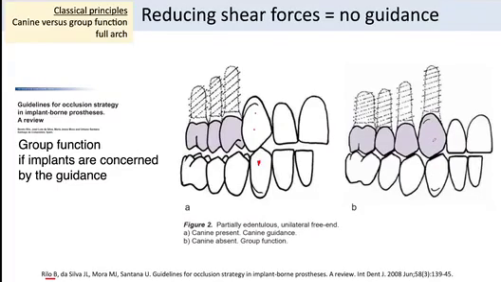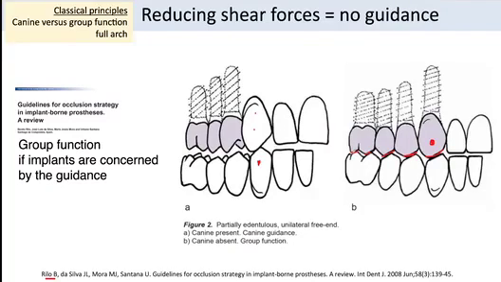Second rule, if implants are concerned by the guidance, like here, you have to organize a group function. Simultaneous contact between the canine, the premolar, the third, and the molar. It is a large group function. That is the classical guidelines for occlusion strategy concerning the guidance.